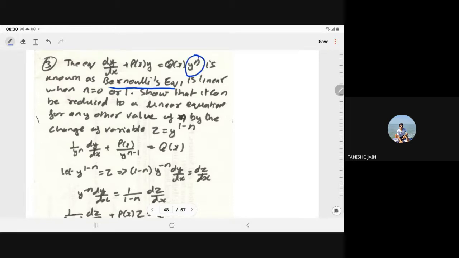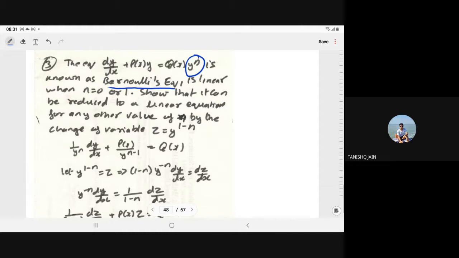In the standard linear equation, we have dy by dx plus p(x) y is equal to q(x). But with q(x), if there is a multiple of y to power n, then it is a very, very important equation. In physics and electrical science, you will find this equation in many places. This is the standard equation known as the Bernoulli equation.